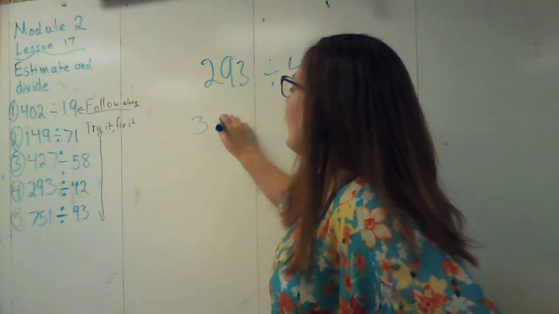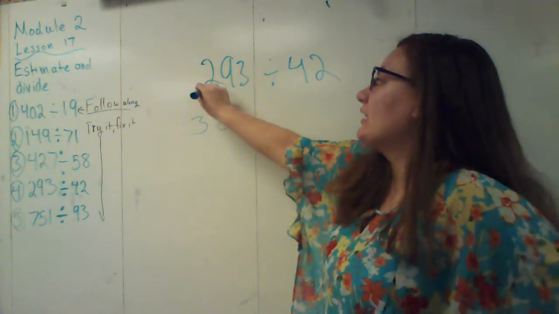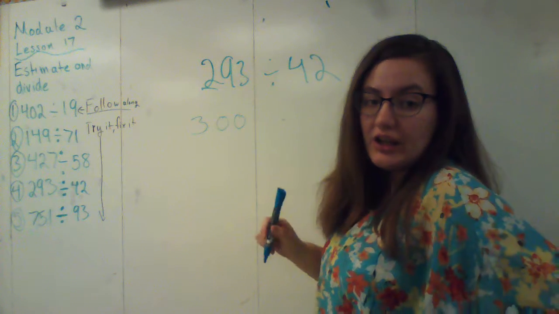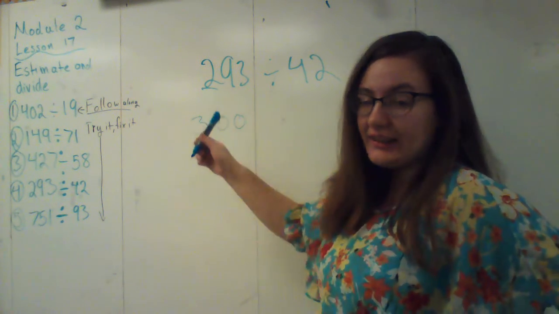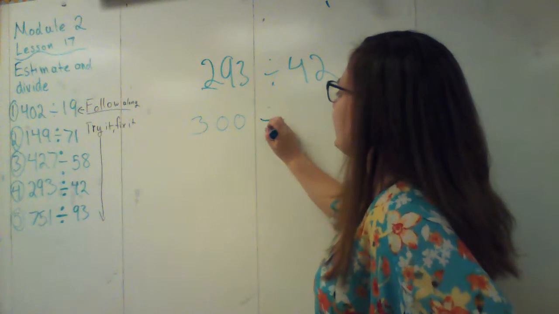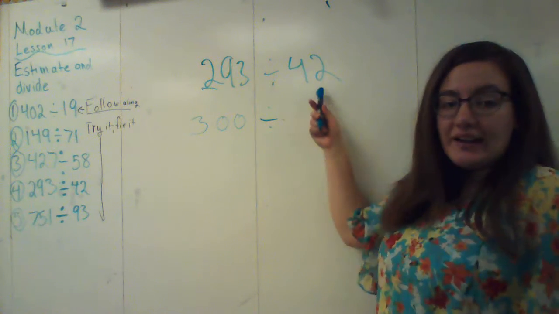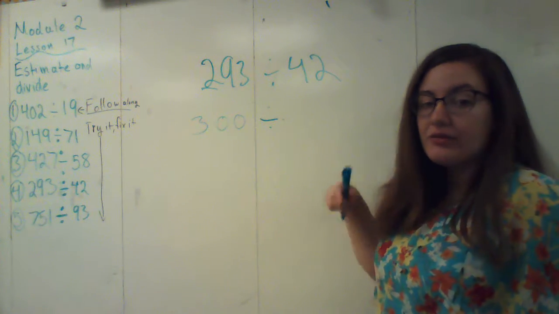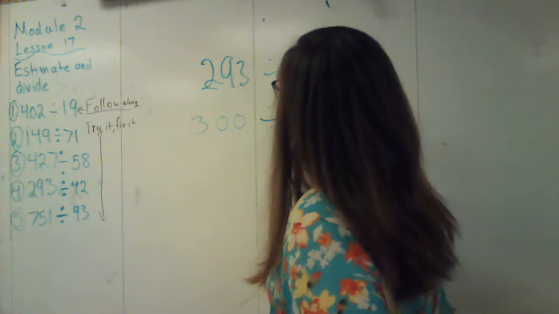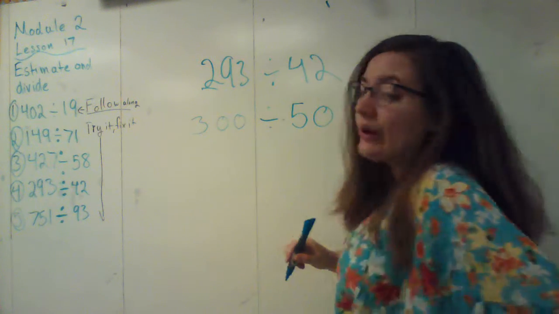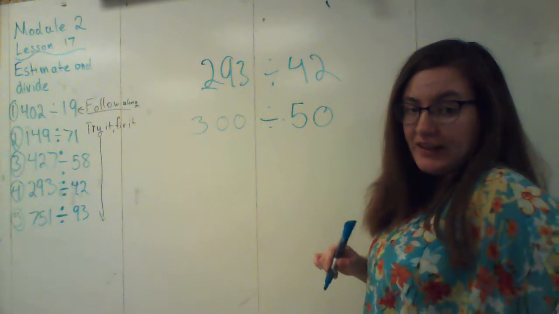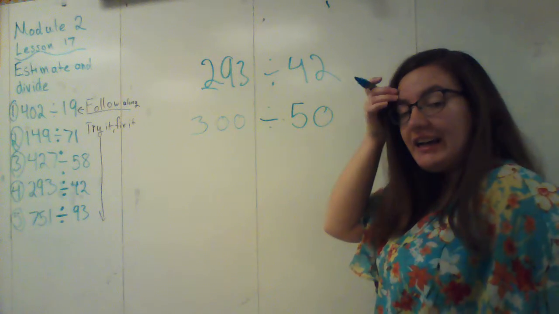I can round that up to 300 just by rounding this 2 up into the next hundreds place because there's that 9 there. Then this 42, I could kind of break the rules and round that up to 50. So I have 300 divided by 50. And now I can go ahead and solve.